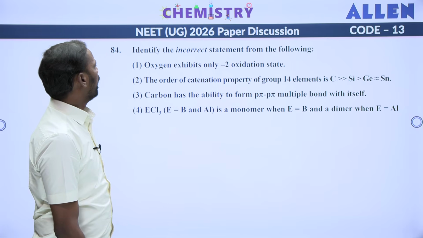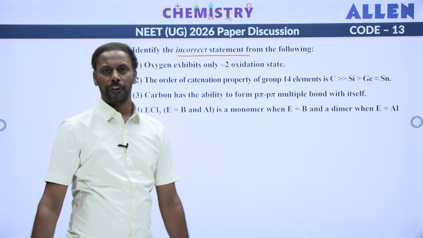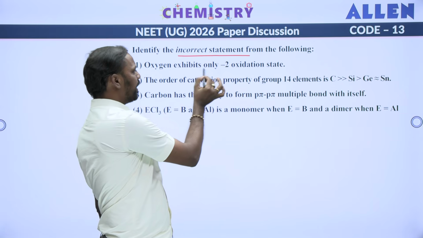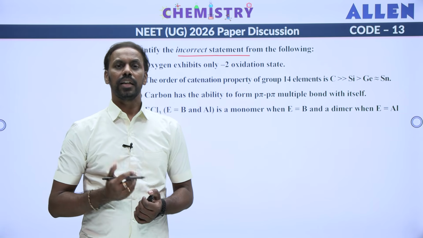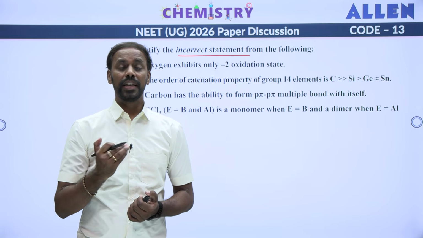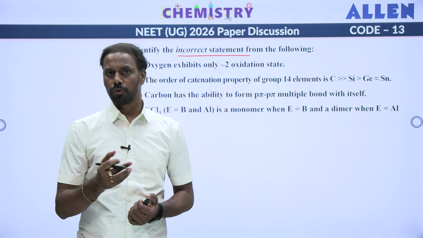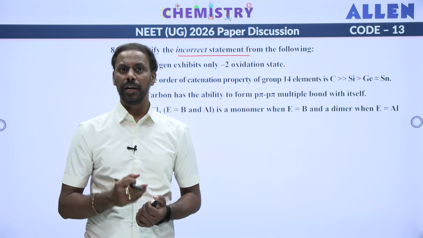Clear? Next, student, identify the incorrect statement from the following. Okay, see, oxygen exhibits only -2 oxidation state. As we know, the general oxidation state of oxygen is -2, but in case of peroxide it shows -1. In superoxide it is -1/2.